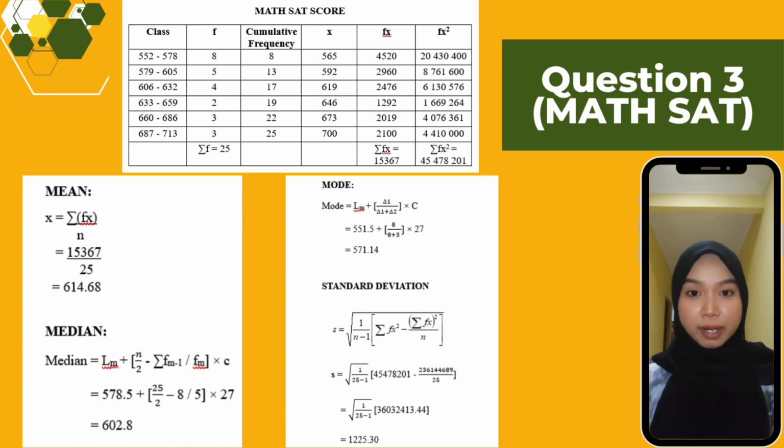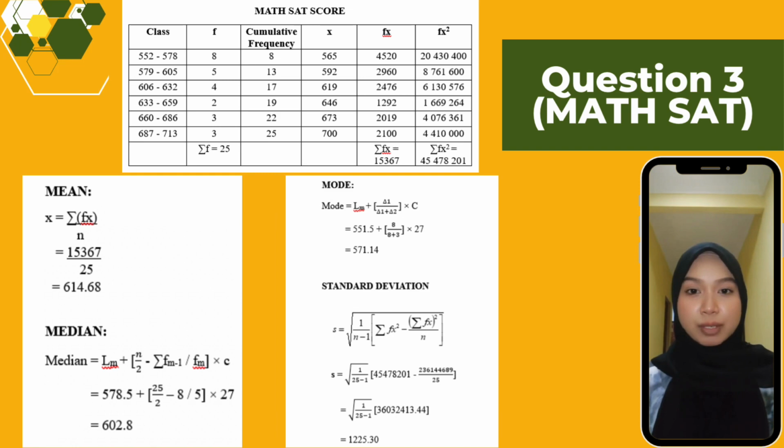The mean for the math set is 15,367 divided by 25 equals 640.68. To calculate the median: 578.5 plus bracket 25 divided by 2 minus 8 divided by 5 close bracket multiplied by 27.